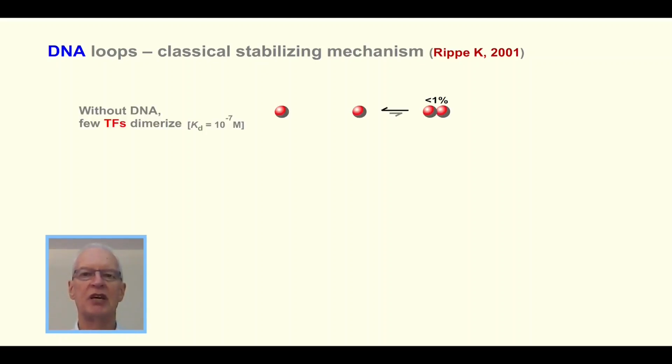If we consider a transcription factor present at a typical concentration and able to dimerize with a typical KD, we find that the equilibrium is very much to the left, with very little in dimeric form.